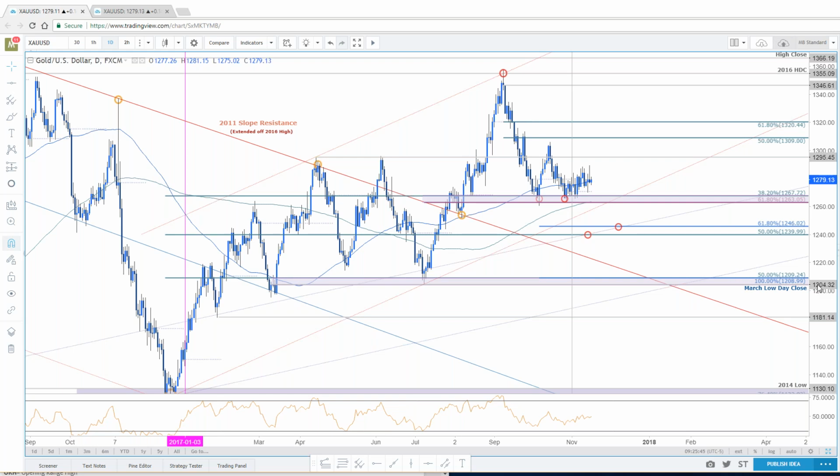So 1263, 1267 is still key near-term support. The monthly open comes in just above that, and you saw a reaction there earlier in the week. Opening range highs for the month was really 1288. We kind of probed right through yesterday, but we closed lower. So you're absolutely right, we are just sitting here in a key range above near-term support.